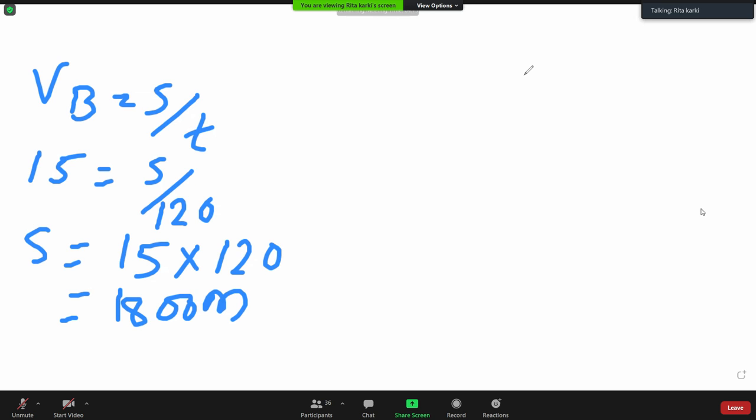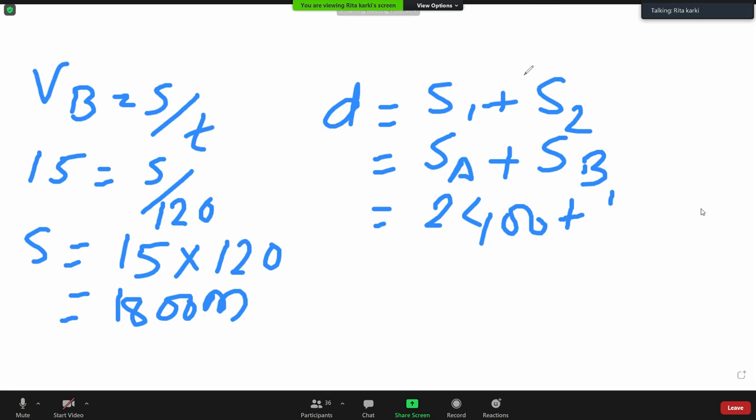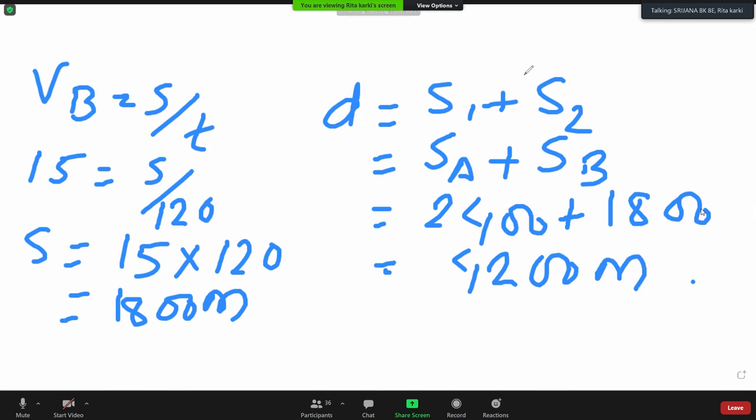One vehicle is moving towards the east and another towards the west direction. So the total distance is S1 plus S2, the distance traveled by the first vehicle plus distance traveled by the second vehicle, which is 2400 meter plus 1800 meter, which is 4200 meter in total. Understood?